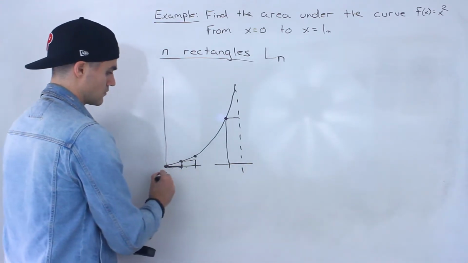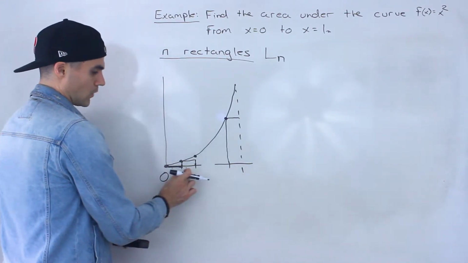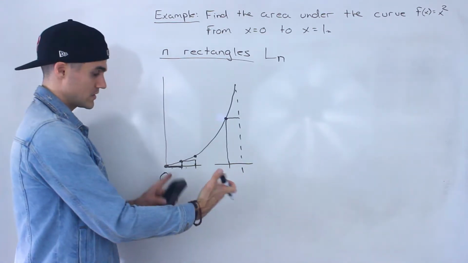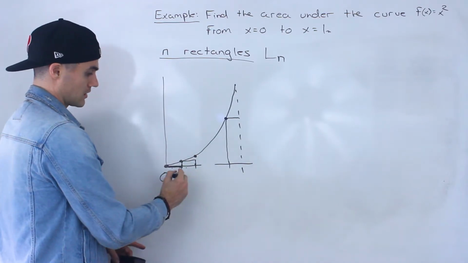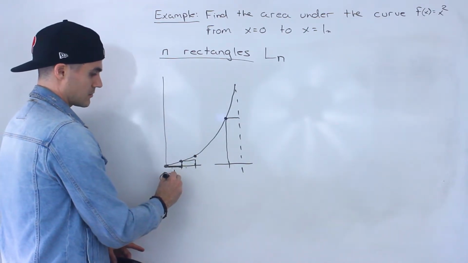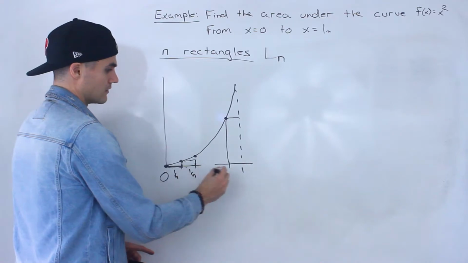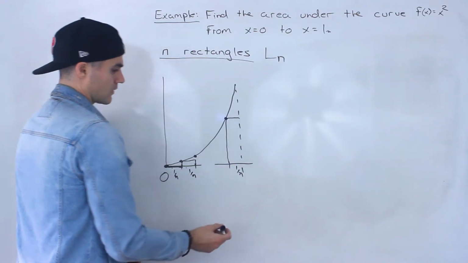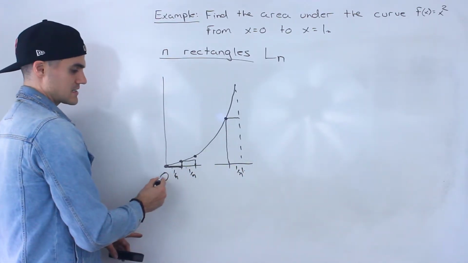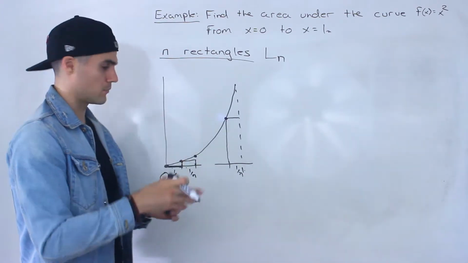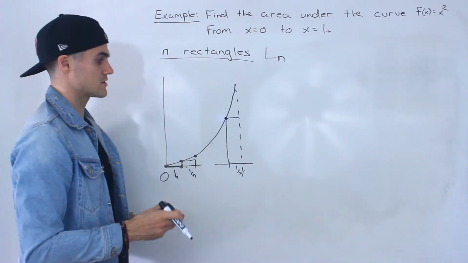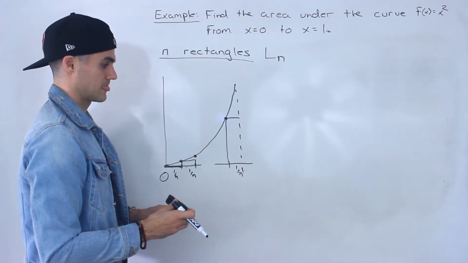So from 0 to 1, what's the length of each rectangle going to be? Well, the length is still going to be 1 over n. It's always basically this number minus this number, divided by the number of rectangles that you're using.